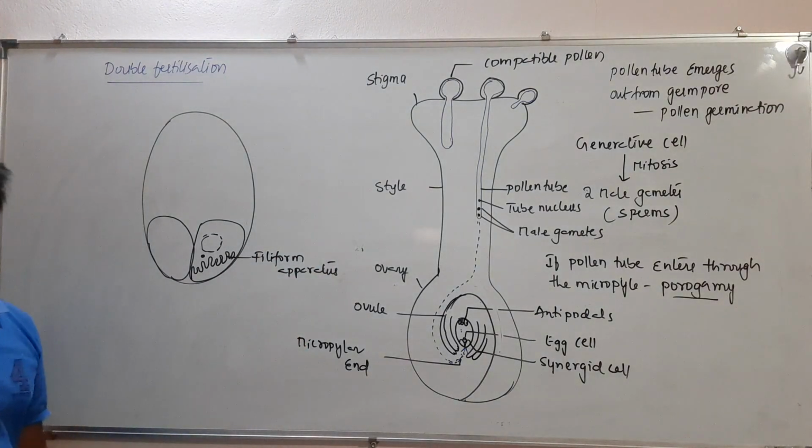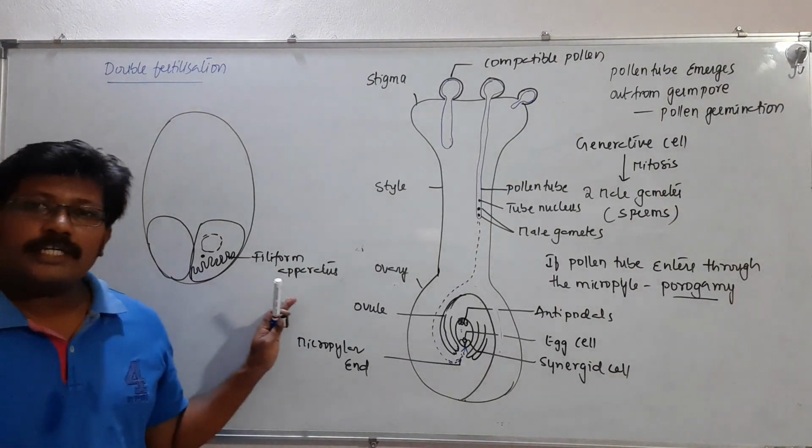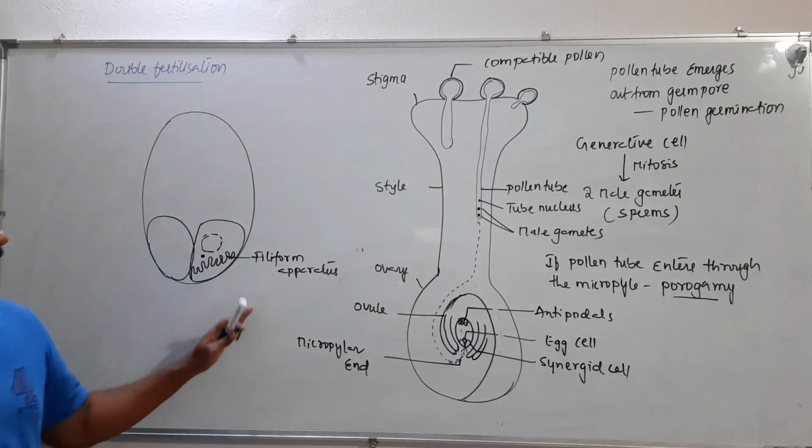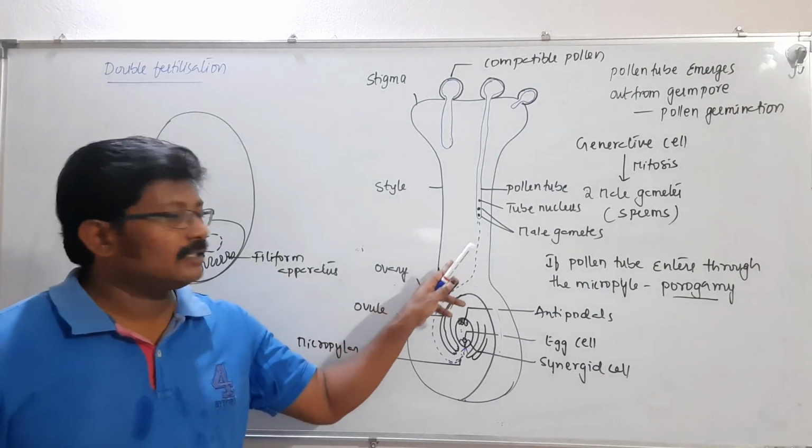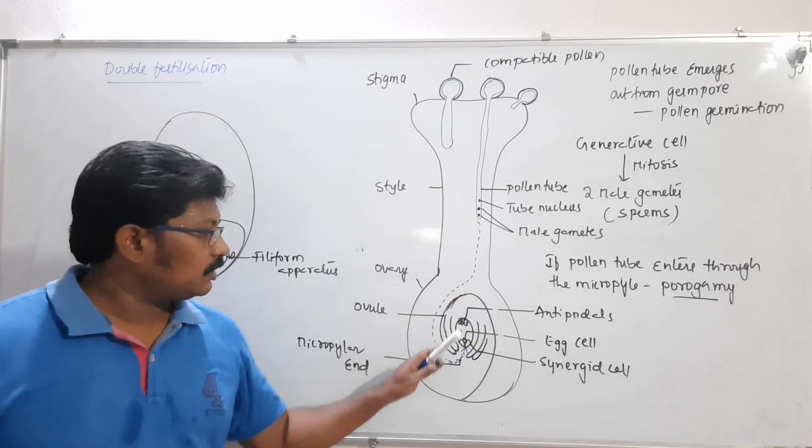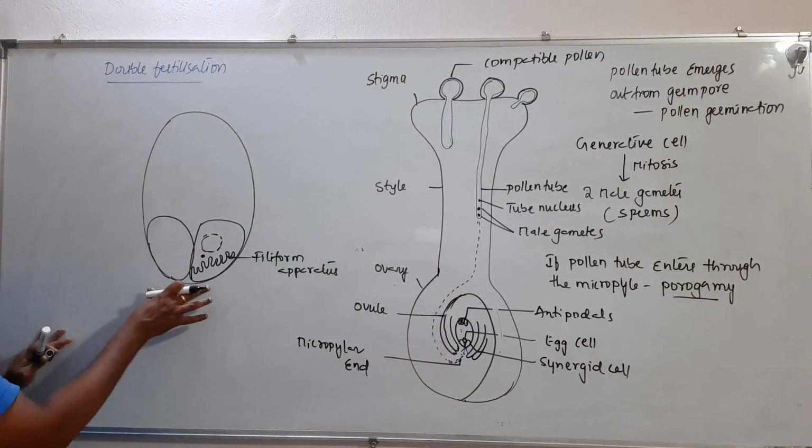It is believed that they produce some kind of chemicals that help in guiding the pollen tube towards the embryo sac.